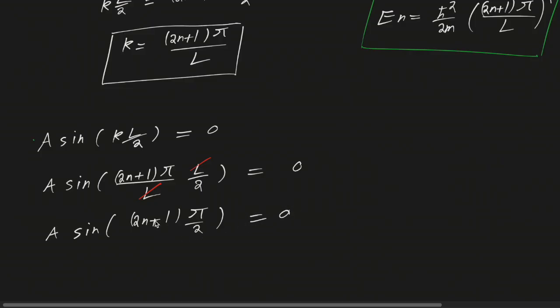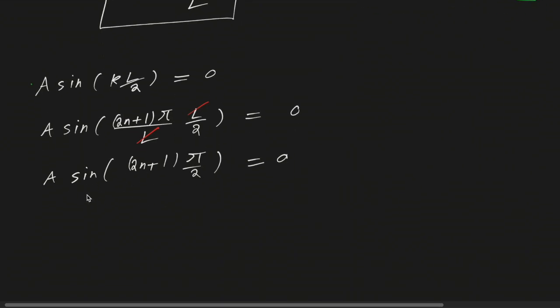Now, an odd multiple of pi over 2 will always be some multiple of 90 degrees, so the sine will always be 1, which means that you have to have a equal to 0 for this solution.